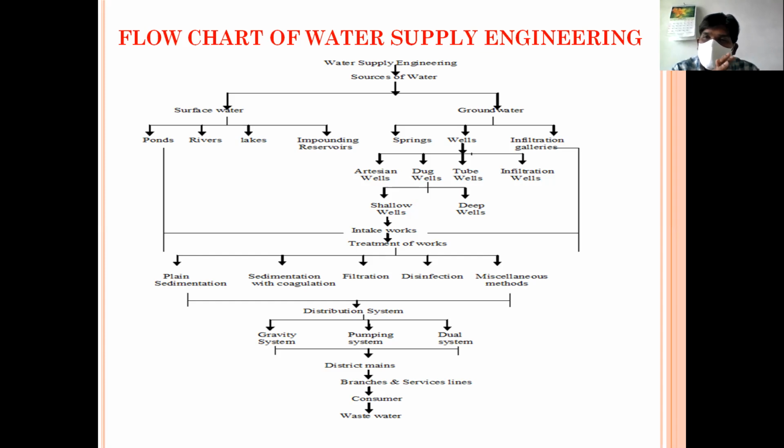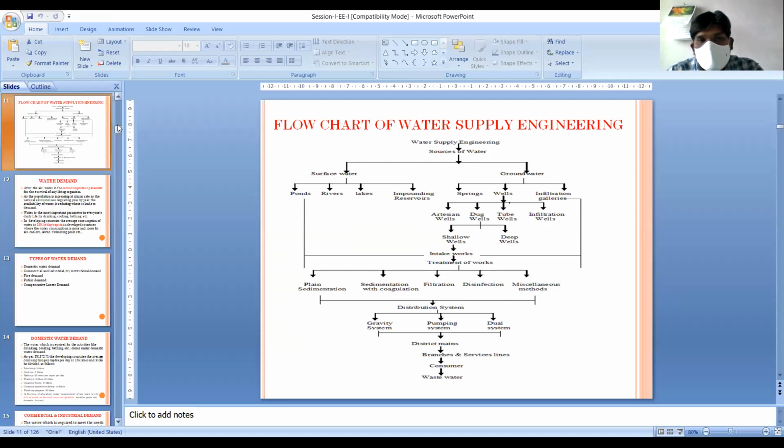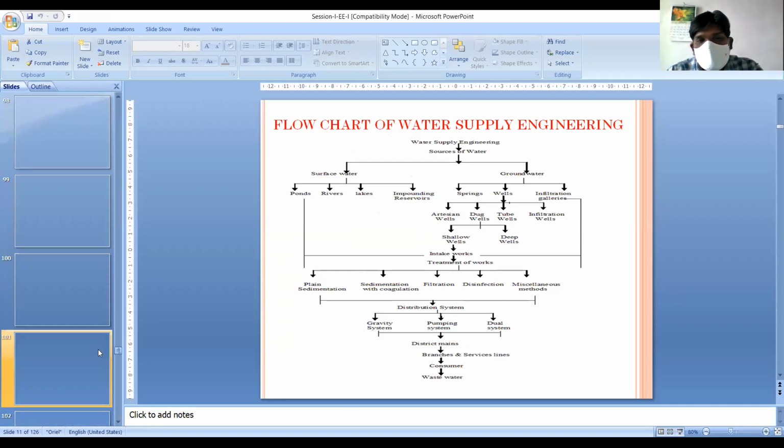Pipe materials means we have seen the classification of pipes with respect to the material from which they are manufactured. And here we are discussing various types of joints as part of the curriculum.